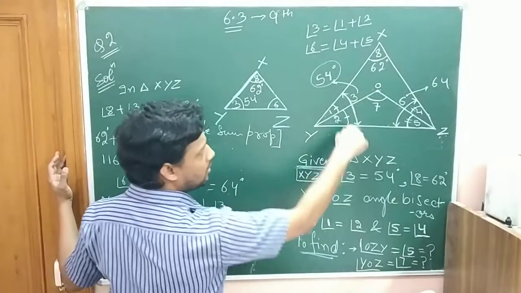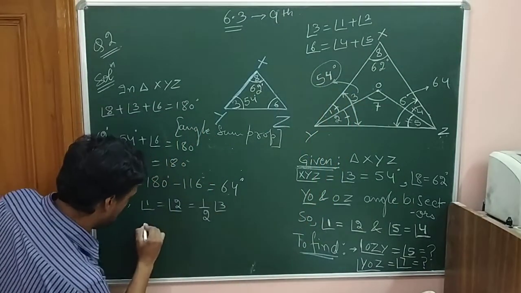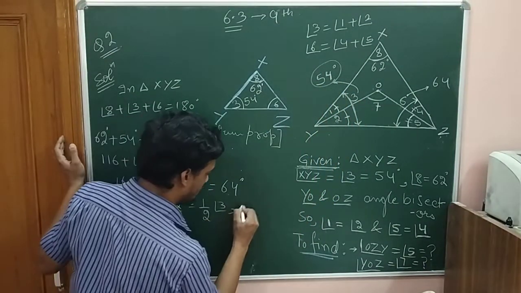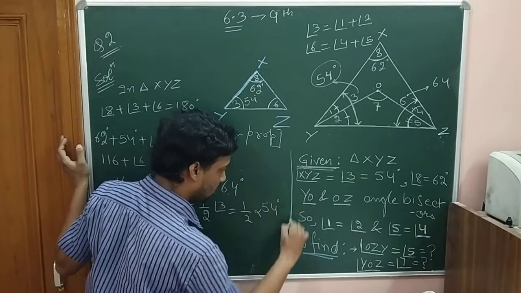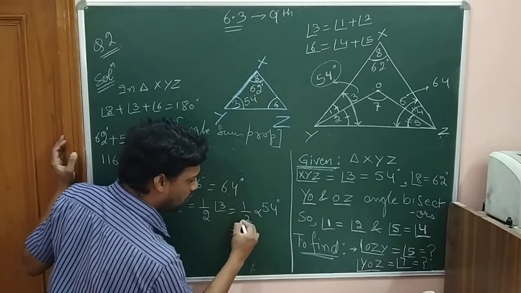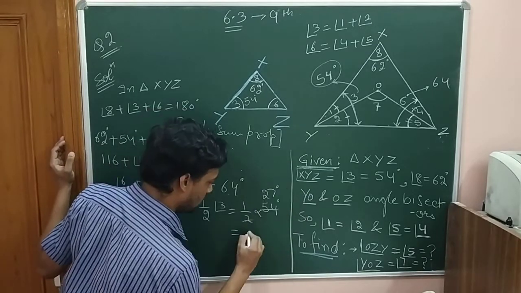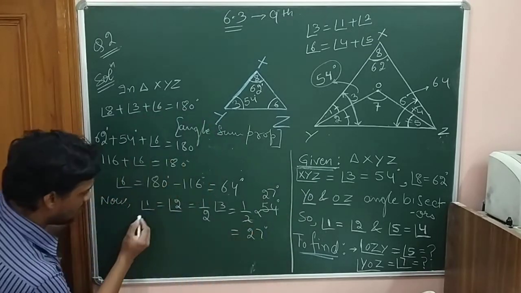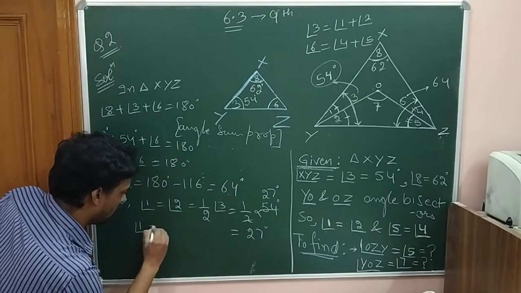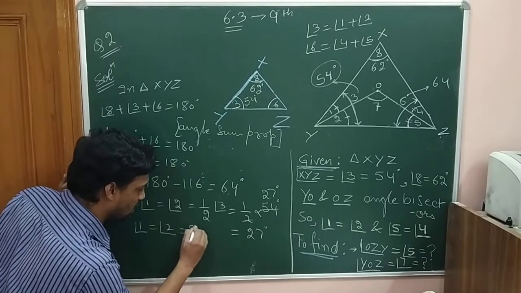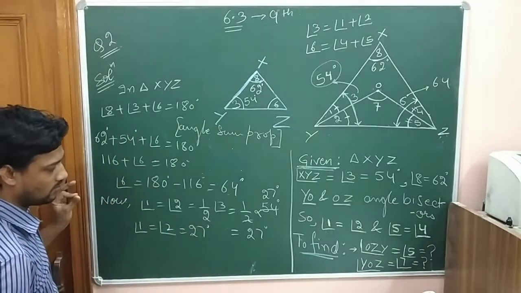Angle 3 is 54 degrees, so half of 54 degrees is 27 degrees. So angle 1 equals angle 2 equals 27 degrees.